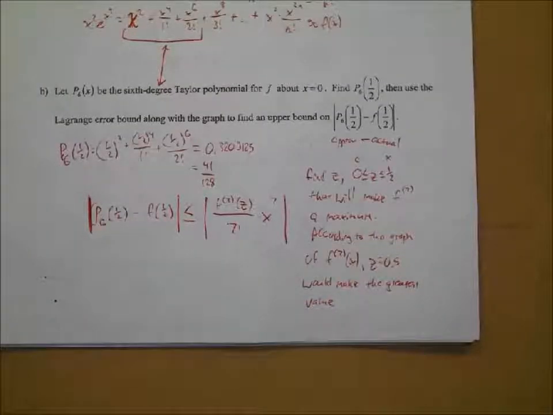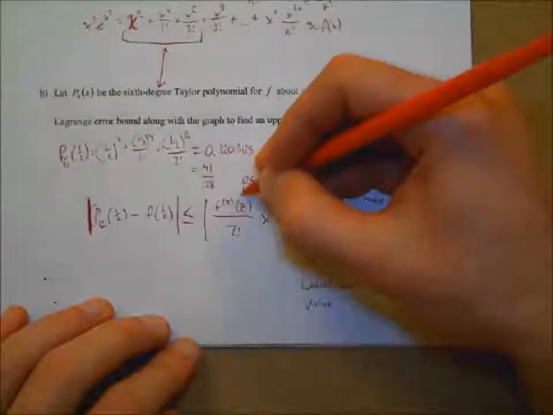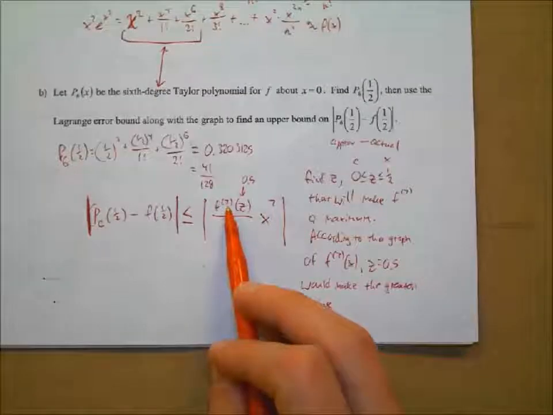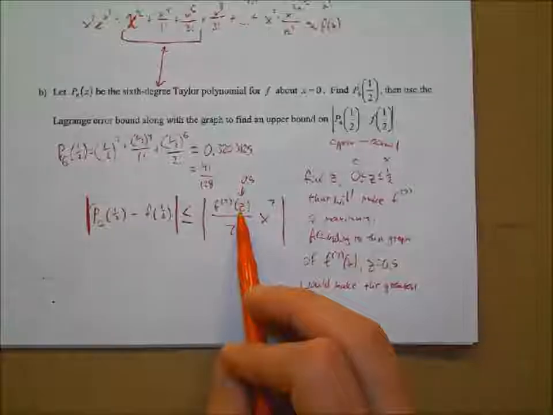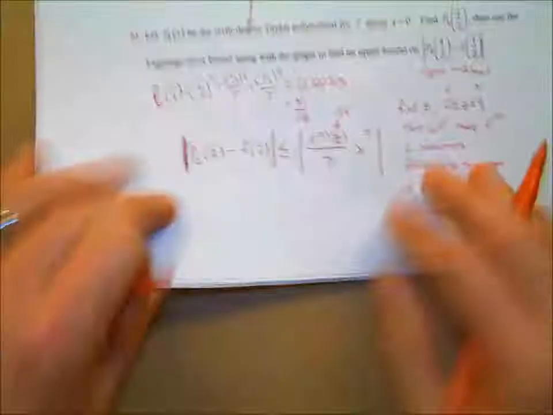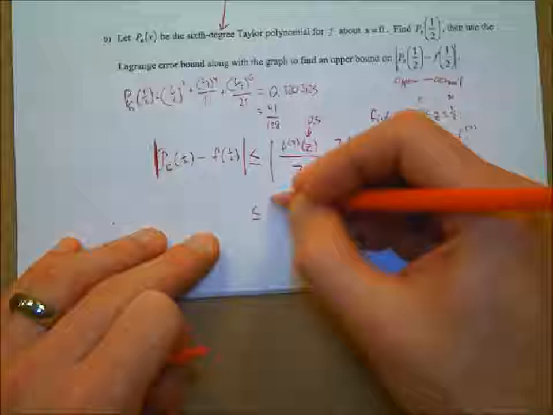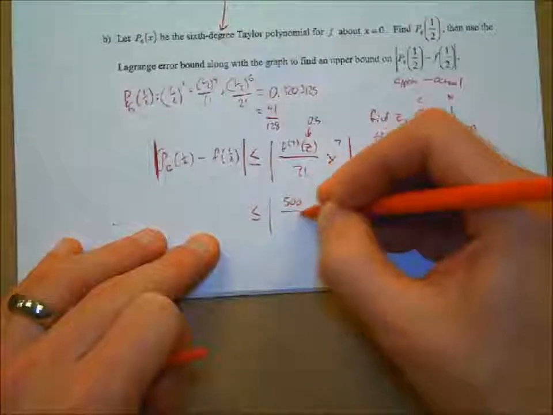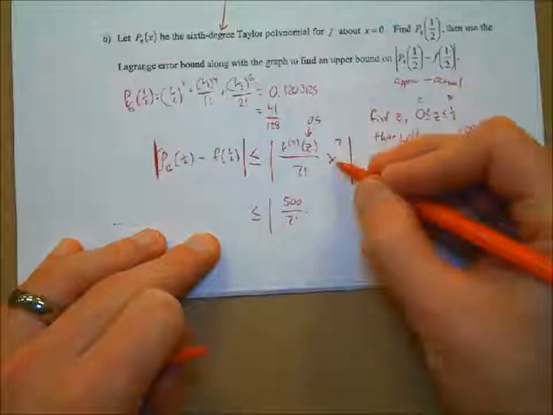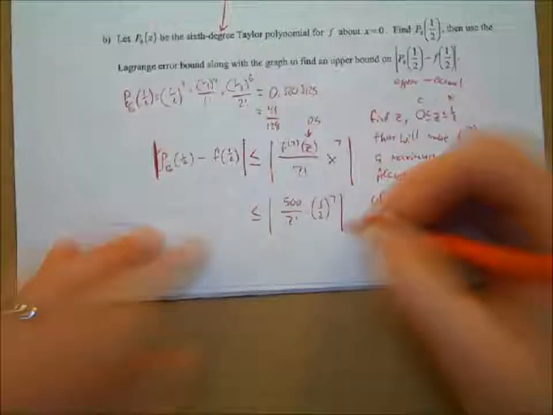So in other words, we want z to be 0.5. So what is the value of the seventh derivative of f at z? 500, right? If you look up there, at 0.5 we go to the y value of 500. So we're going to be less than or equal to 500 over 7 factorial times x, which is 1/2, to the 7th.